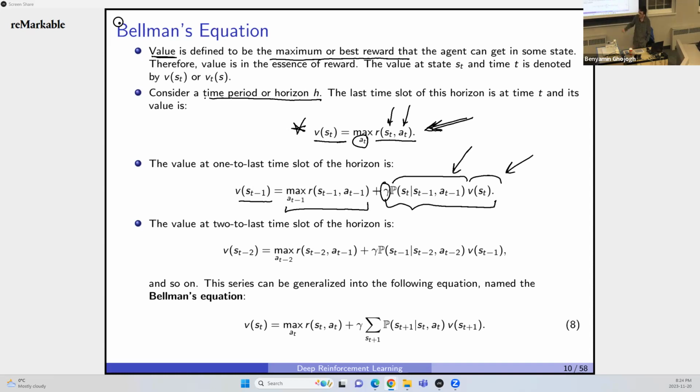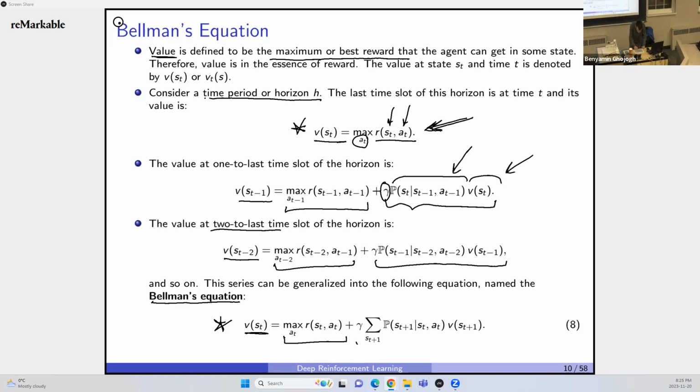Now again, you can come to the second to last time step. Likewise as before. Now consider I want to write a general formula for this. This is called the Bellman equation. So basically it says that at every time step t, my value equals my maximum reward at that time step.